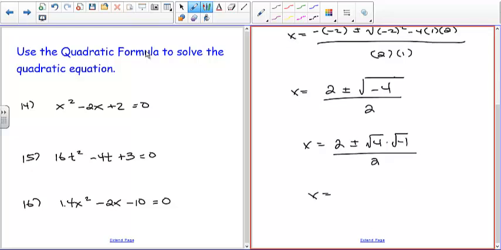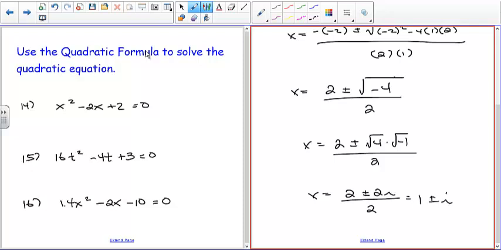But the square root of negative 1 is i, so we get 2 plus or minus the square root of 4, which is 2, times i, divided by 2. And then you can simplify because each one of these is divisible by 2, so you get 1 plus or minus i.